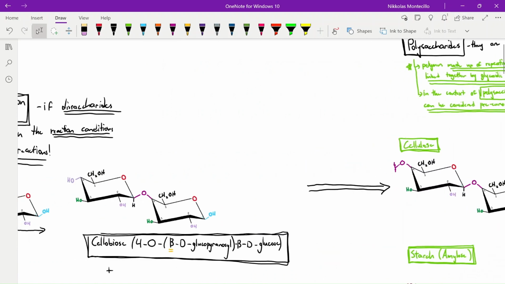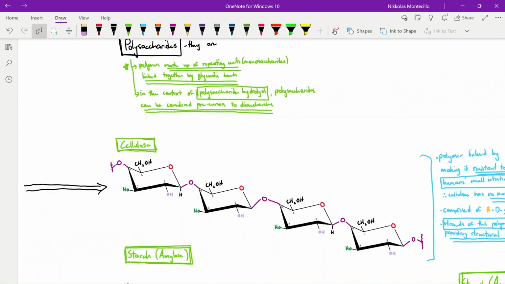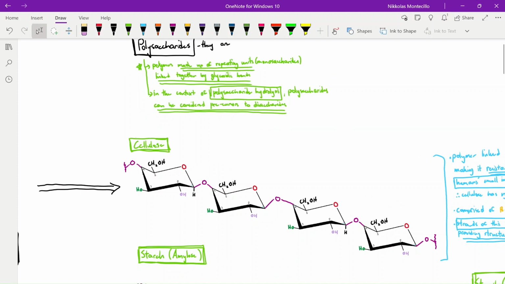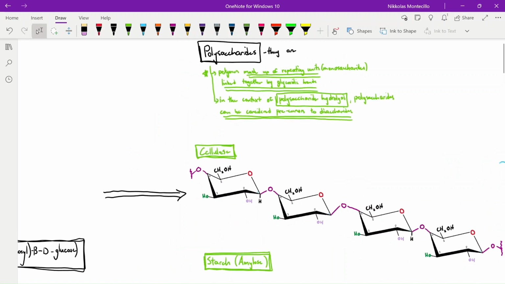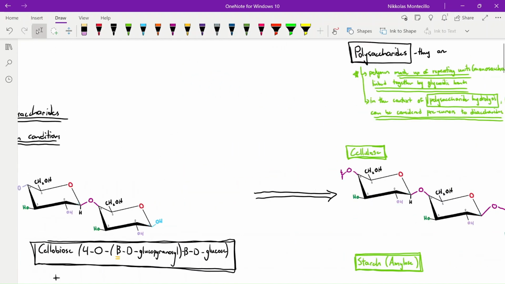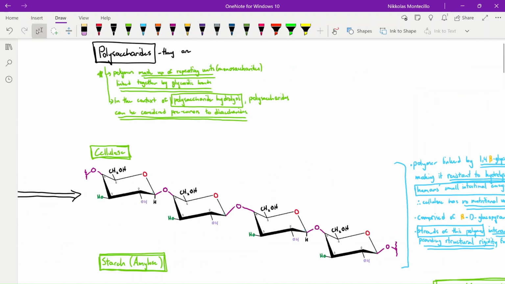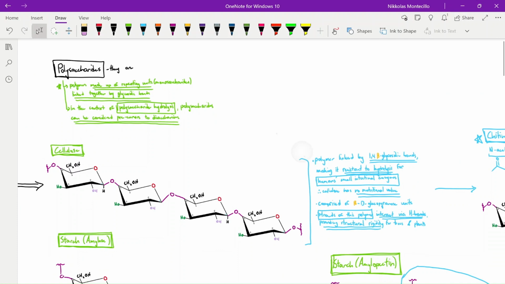So cellulose is a type of polysaccharide that is likely a precursor to cellobiose, right? Now into the specific details of cellulose.